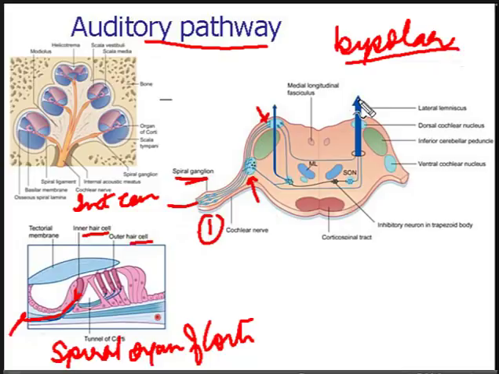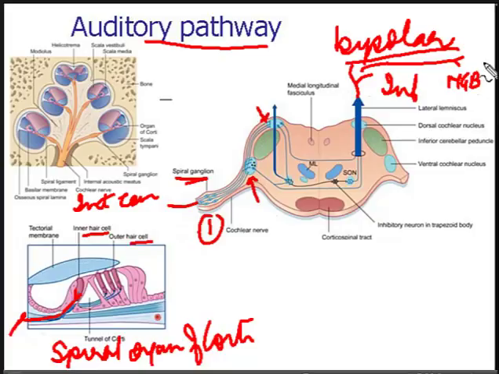This lateral lemniscus will travel all the way up, and it may synapse in the inferior colliculus, and from there a third neuron will start, and it will go to the medial geniculate body. Or some fibers may travel all the way up and then synapse in the medial geniculate body and then go to the temporal lobe. So you can see that there'll be just 3 neurons in that case.